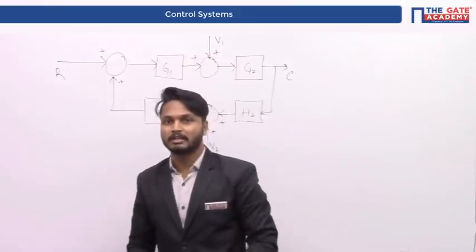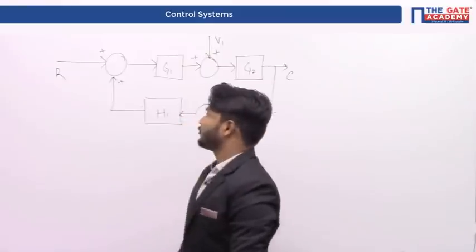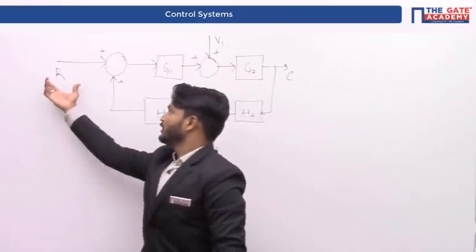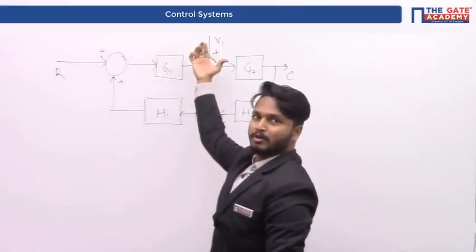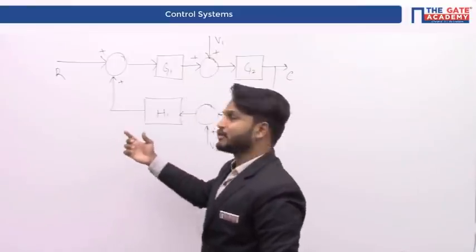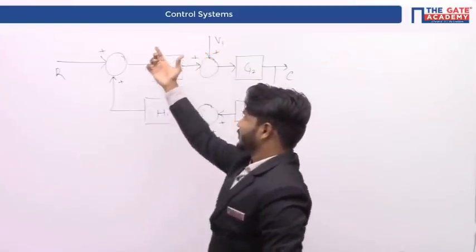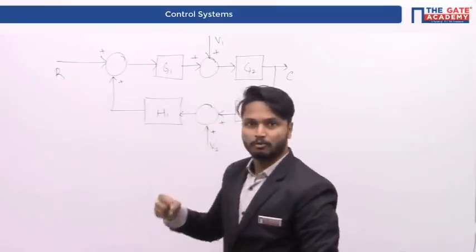or any other subject. So if you have multiple inputs, you first have to calculate the output because of input R, nullifying the inputs V1 and V2. Then you have to calculate the output C because of V1 by nullifying R and V2.